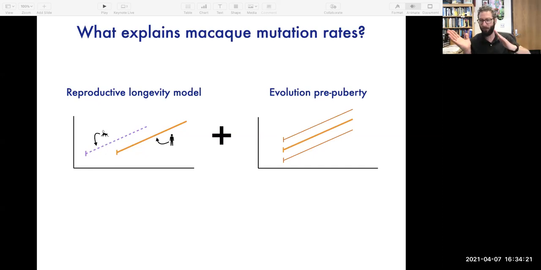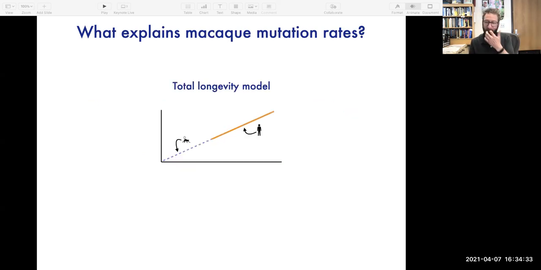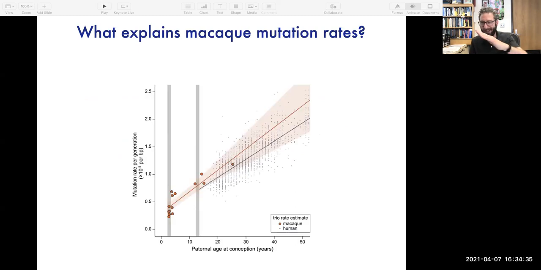Right? It's the same accumulation post-puberty, and there's this separate puberty effect, but there's been evolution of the number of mutations pre-puberty. It's been shifted down relative to humans. Or it matches the total longevity model, because actually the macaque data are pretty close to being on that kind of extended human line there.